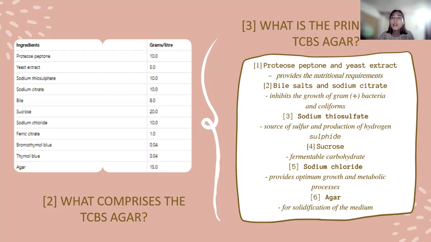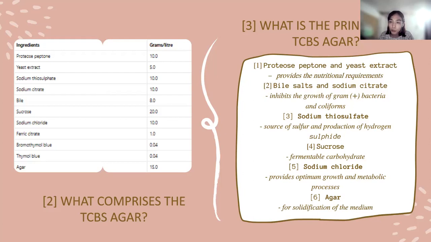So again, this type of agar is selective and differential in a sense that it only allows the growth of gram-negative bacteria, specifically the Vibrio species, and it does not favor the growth of other types of microorganisms, specifically other types of bacteria. So you expect that gram-positive bacteria will never grow on this type of agar.